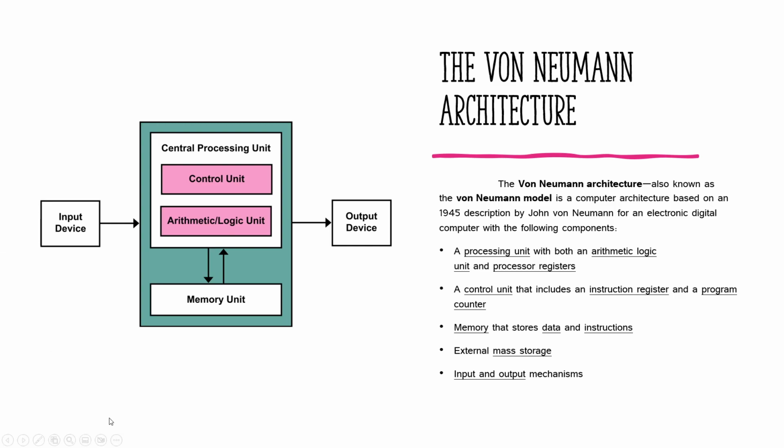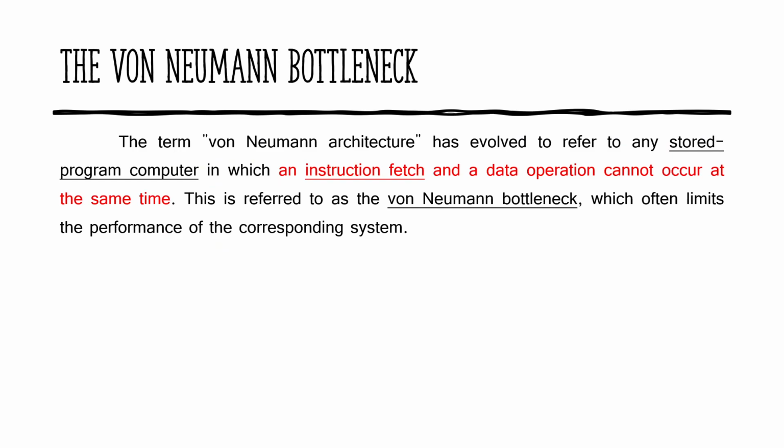So this is the general von Neumann architecture. As you can see here on the left side of the screen, you have a CPU, central processing unit, with a control unit and arithmetic logic unit inside. It communicates with the memory unit and fetches data from the memory unit, then processes it to produce an output. However, the von Neumann architecture has a drawback, namely the fact that an instruction fetch and a data operation cannot occur at the same time.